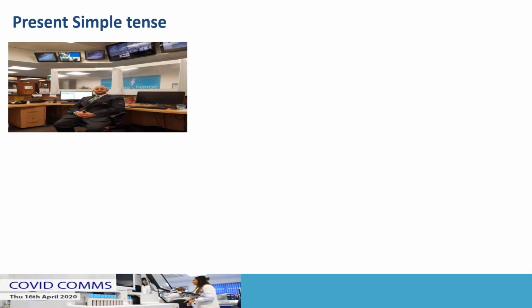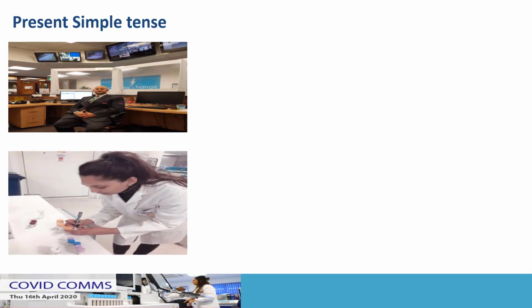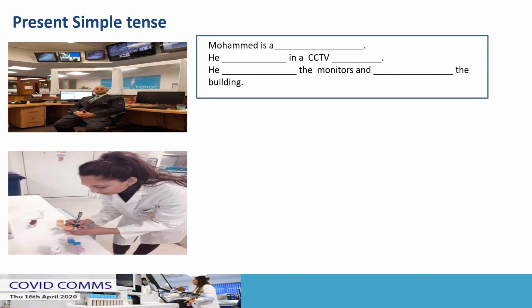Okay, we're now going to look at writing some sentences about Mohammed and about Nisha. If we look here, we have some sentences about Mohammed, but there's some words missing. Remember, we're writing in the present simple tense, Mohammed being the third person singular.